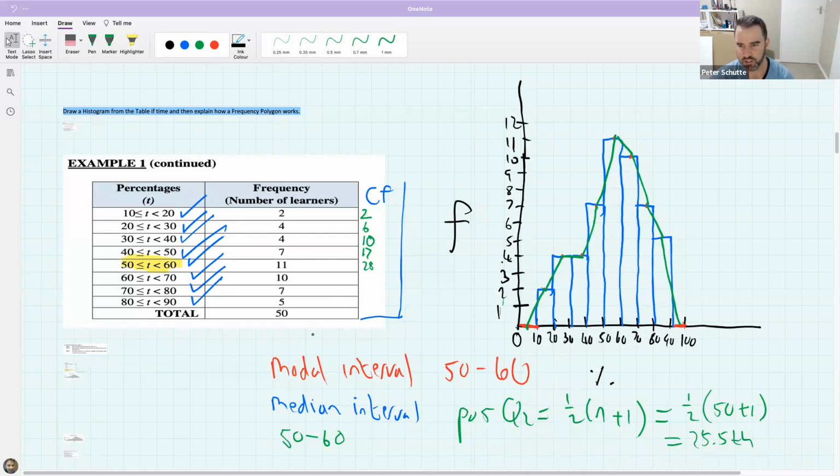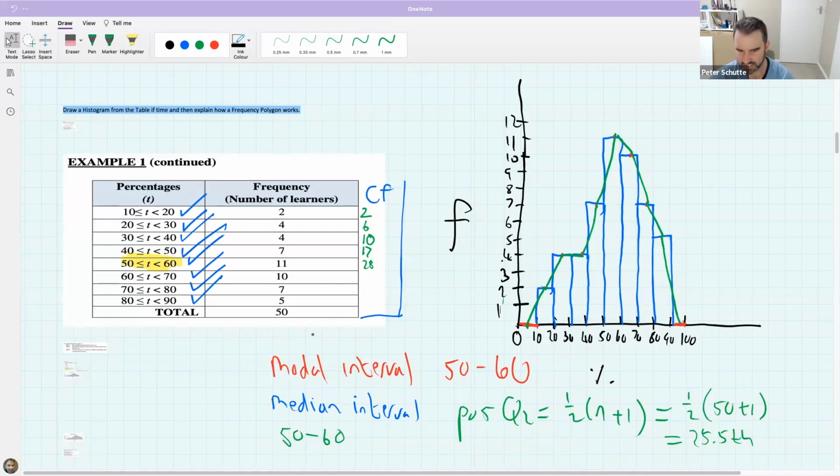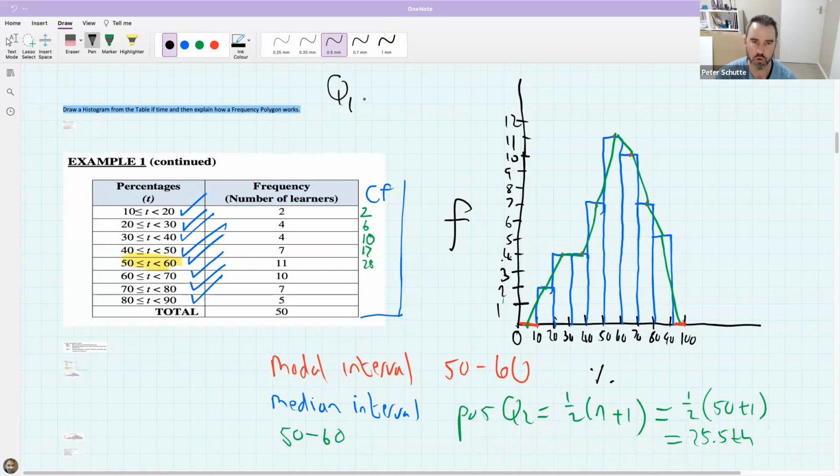How would you work out the interquartile range? Good question, Caitlin. You couldn't do it in exactly the same way, but you could find the interval for Q1. When you normally find the position of Q1, you'd have a quarter times n plus 1.